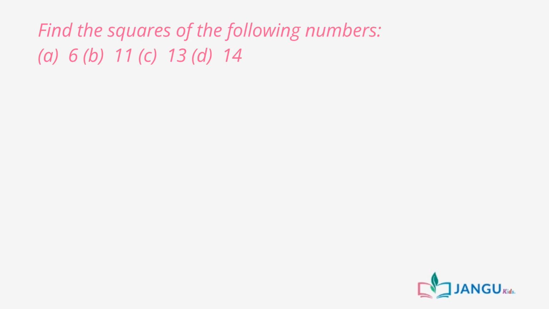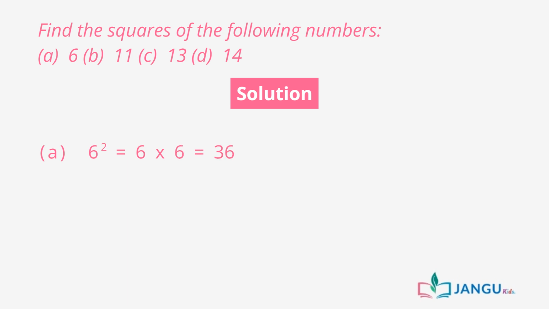Now, let's find the squares of the following numbers: A. 6, B. 11, C. 13, and D. 14. For A, the square of 6 means 6 times 6, which is equal to 36. For B, the square of 11 means 11 times 11, which is equal to 121.